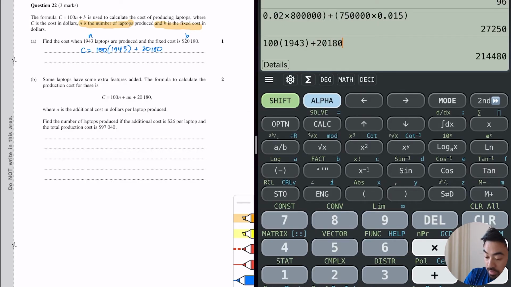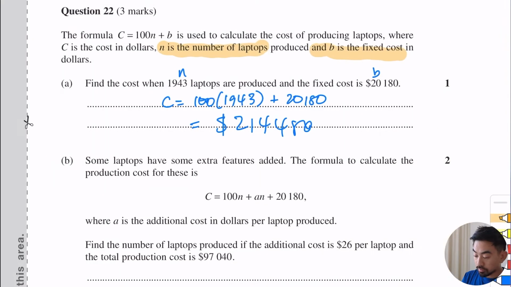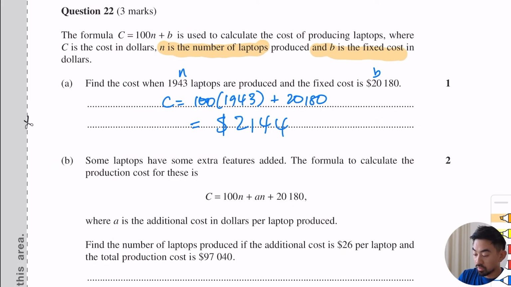So the final answer here, 214480. Write that properly.